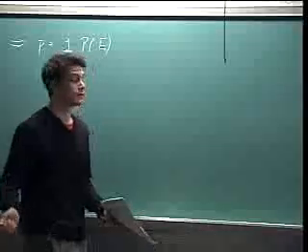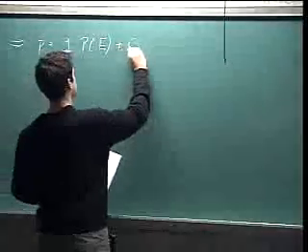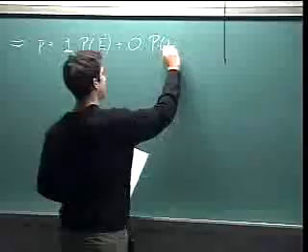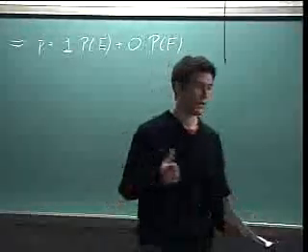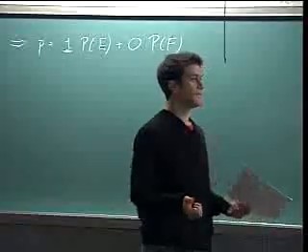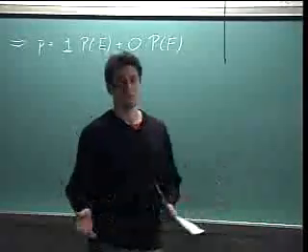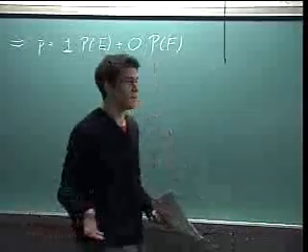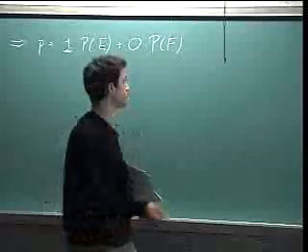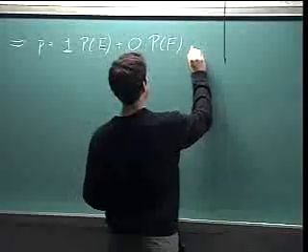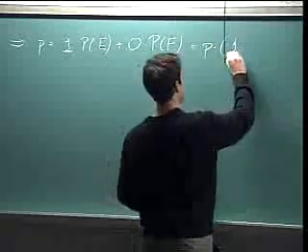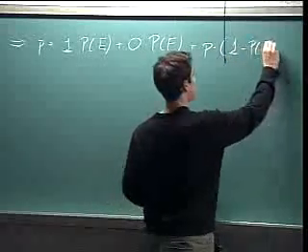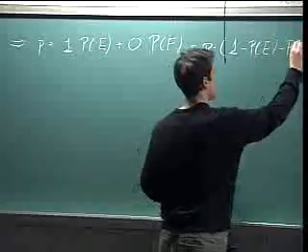Well, that's 0, so 0 times probability F. And given that neither F nor E happen, that just means we start over, and the probability will be the same, because we're assuming independent trials. So times P, and this happens with probability 1 minus P(E) minus P(F).